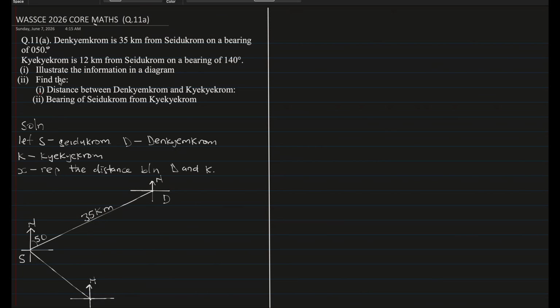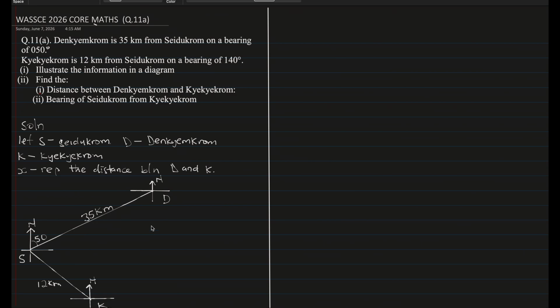It says Cheche Krum is 12 kilometers from Sedu Krum. So here the distance between Sedu Krum and Cheche Krum is 12 kilometers. Let me write it, 12 kilometers. Here is Cheche Krum, let me indicate it by writing K. All right, so now we have Sedu Krum, Denchem Krum, and Cheche Krum.